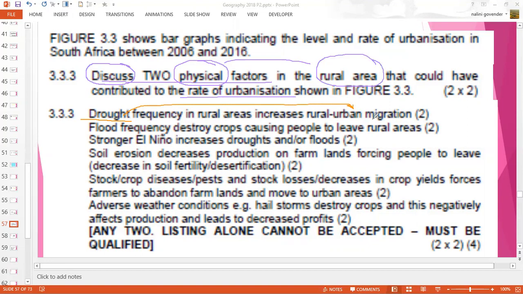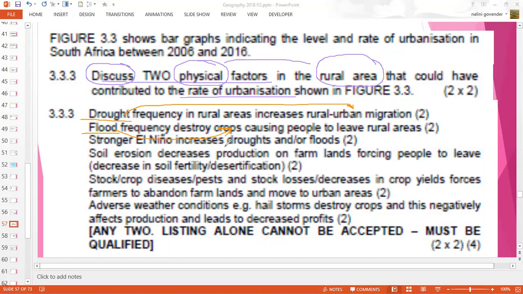That'll score you 2 marks, right? Don't just say drought. Likewise, for 2 marks more, there's a possibility of flooding. The floods destroy our crops. They will drown our livestock. Again, people become unemployed.